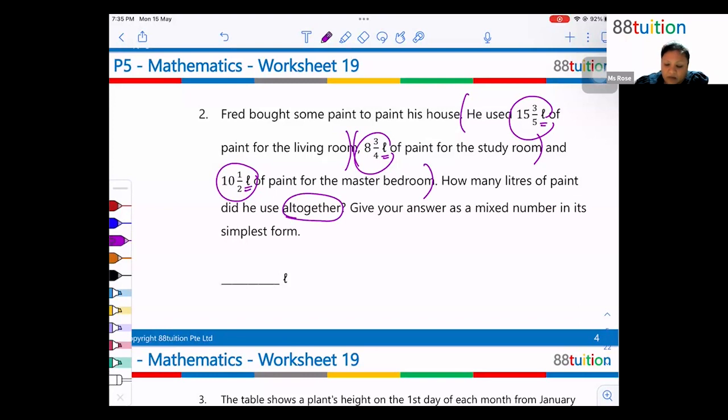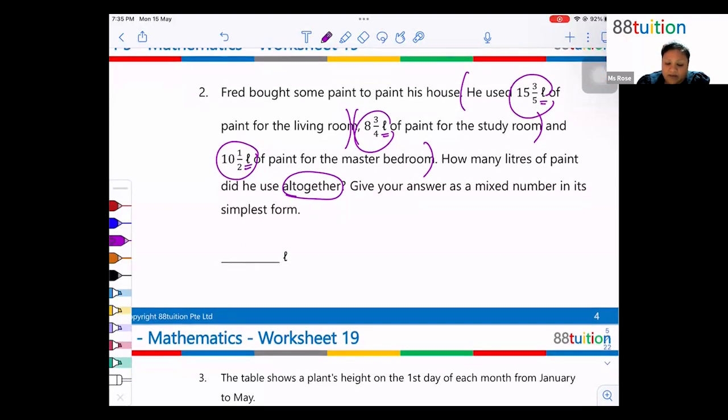If you just look at the fractions alone, I'm sure everybody can add up the numbers. The keyword here is altogether. So you have to add up everything and you must leave your answer as a mixed number in its simplest form. I can add up the whole numbers very easily.